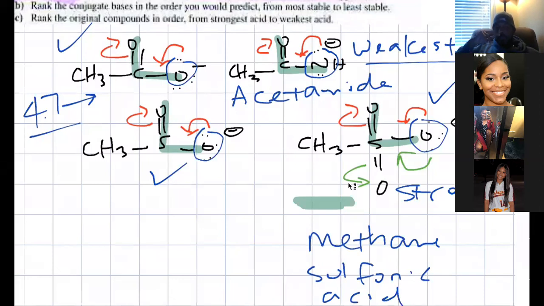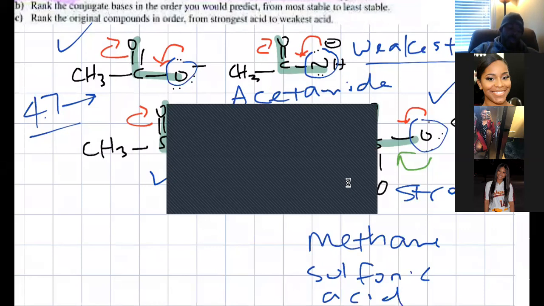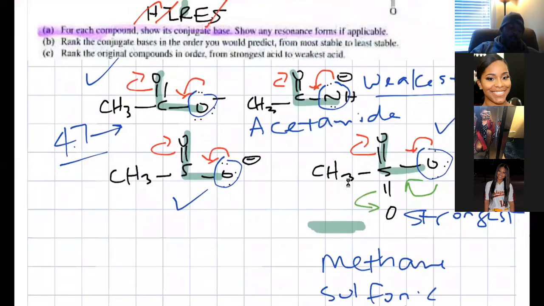For the acetamide, the pKa is 17. Okay, cool. It's not a horrible pKa for an amide, but normally NH protons are somewhere between 30 and 50, but because you're able to do resonance, that's why you see that pKa being a little bit lower than what you normally would expect.